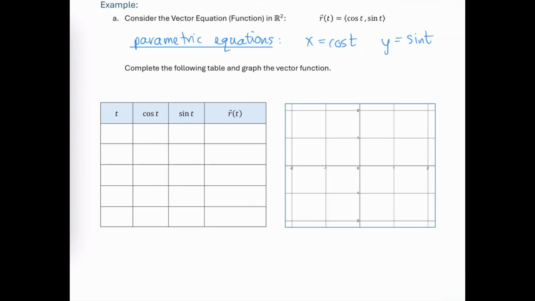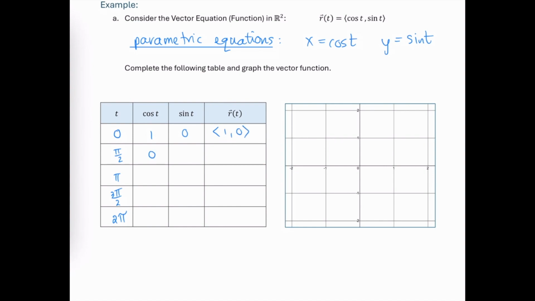We're also going to be interested in finding the orientation, and in order to determine the orientation, we need to plot some points and see which direction around the circle we're traveling. Let's plot some familiar points. We'll let our value of the parameter be 0, pi over 2, pi, 3 pi over 2, and 2 pi. The cosine of 0 is 1, the sine of 0 is 0, and that makes our vector at time equal to 0 be <1, 0>.